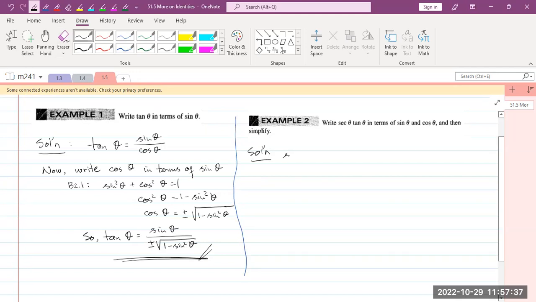We start with secant theta tangent theta. Now we will rewrite that in terms of sine and cosine. Secant theta is 1 over cosine theta. Tangent theta is sine theta over cosine theta, isn't it? Now simplify. Basically we multiply that. That's sine theta over cosine squared theta.